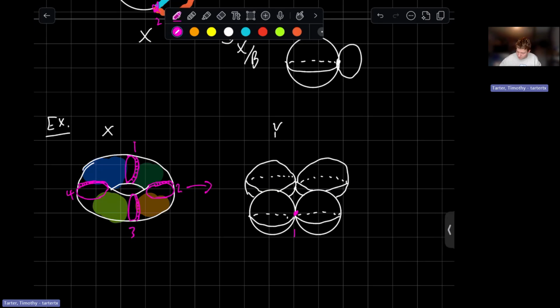And so 1 and like 2 would be back there. 3. Actually, I guess that would be 4. And 3 would be right there. Then it like collapses into Y.